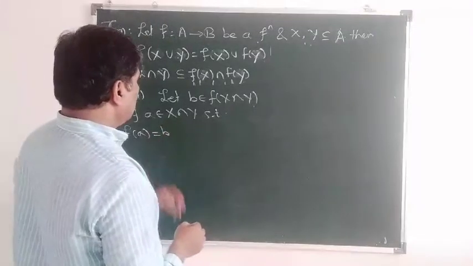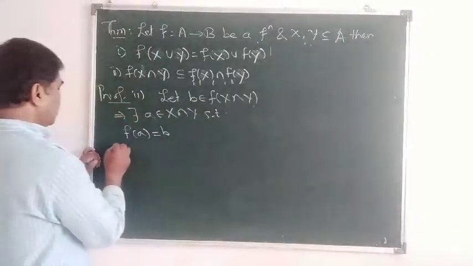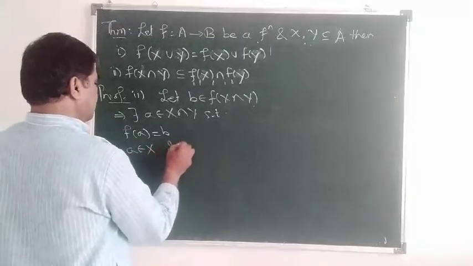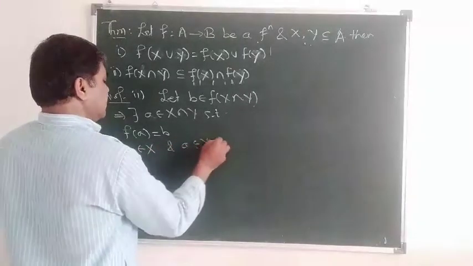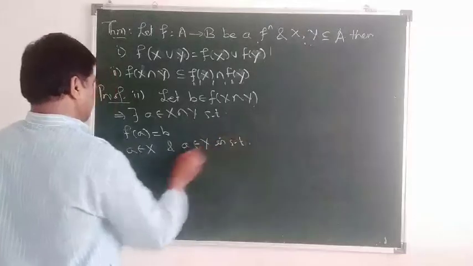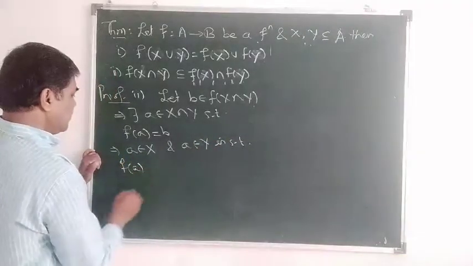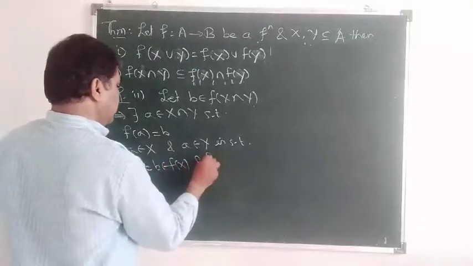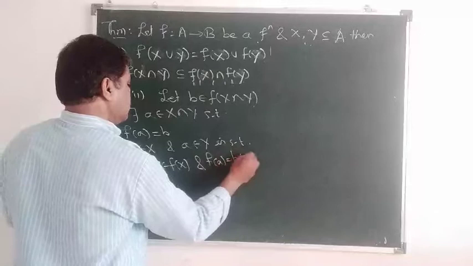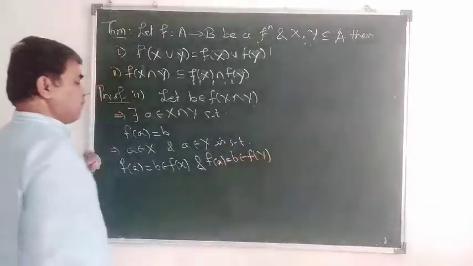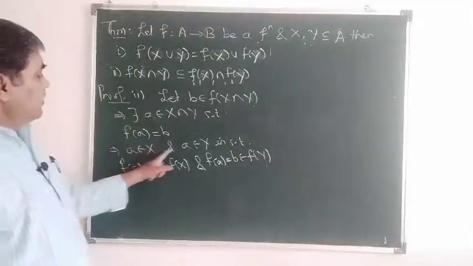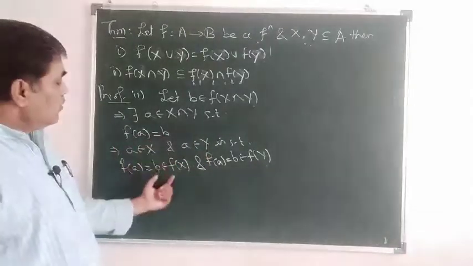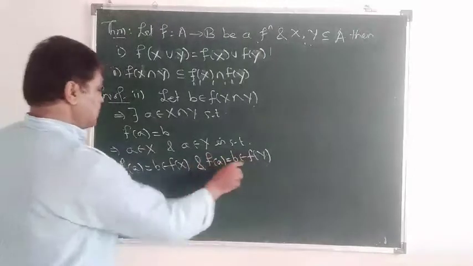This implies a belongs to x and a belongs to y, such that f of a is equal to b belongs to f of x, and f of a is equal to b also belongs to f of y. f of a lies in f of x, f of a lies in f of y, but f of a is precisely b, so b lies in f of x intersection f of y.